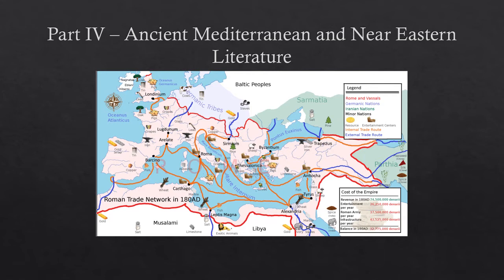So they would travel around and meet with other people and exchange things they had for things they didn't have. But this whole concept of trading and trade routes is really important to the rise and development of the literature at that time, which you'll see in just a second.